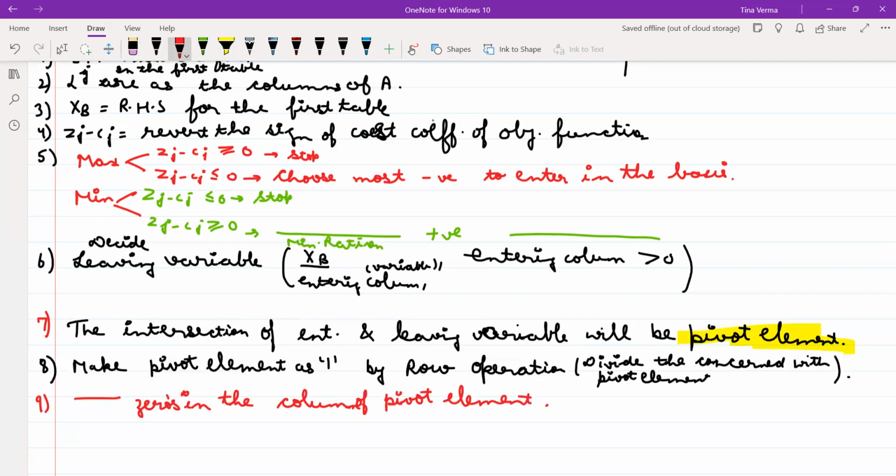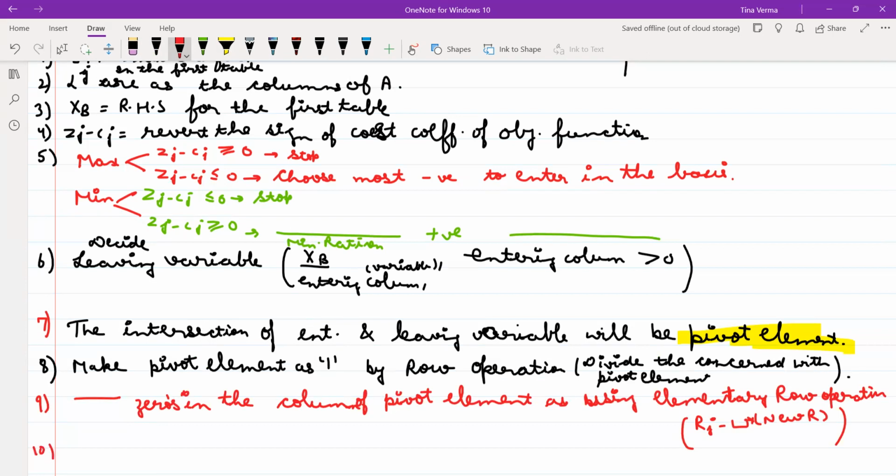Whichever zeros are needed in the whole column, you make them by using elementary row transformation. So when you apply your row operations, I have told you that it should be something like rj minus the multiplier into your new r, the row selected for the pivot element, right?